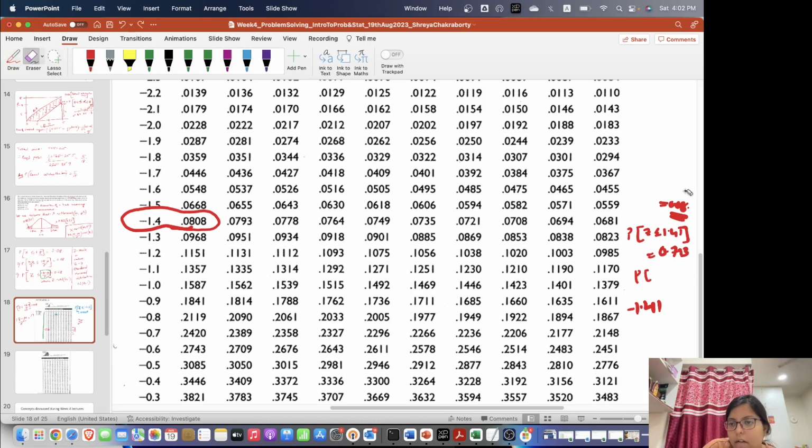All right. The usual convention is that we take the one which touches or is very close to this value. Any of these we can take.